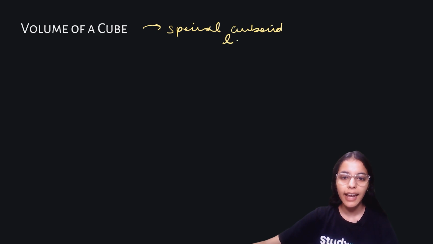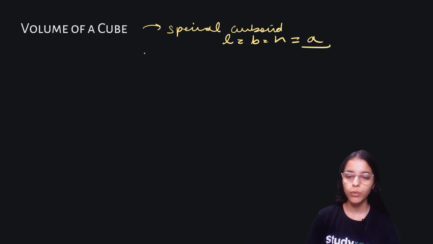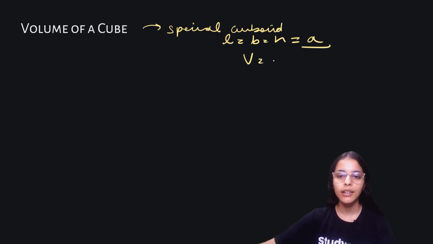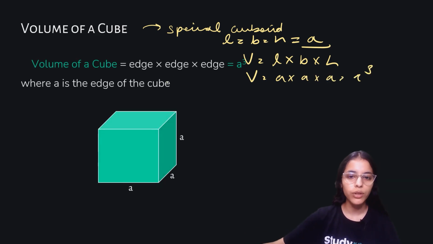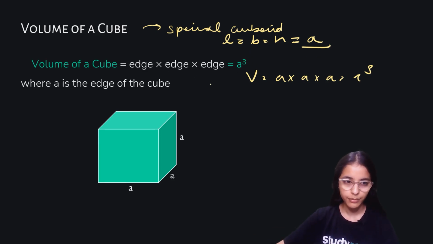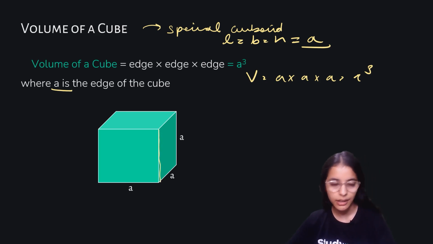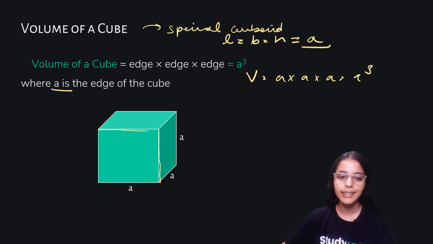In the sense that L is equal to B is equal to H, that is, length, breadth, and height are equal, and we can say them to be A. So volume of cuboid would be L into B into H, and volume of cube would be A into A into A, which is A cube, right? And where A is the edge of the cube. This is our edge. You know now that these things are called edges.